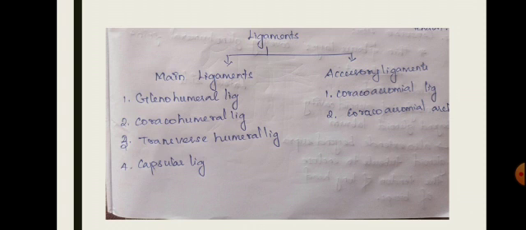Coracohumeral, between the coracoid process and the humerus. Transverse humeral, the bridging ligament. And then the capsular ligament, which we can otherwise call the joint capsule. And then the accessory ligaments, there are two: the coracoacromial ligament and the coracoacromial arch.